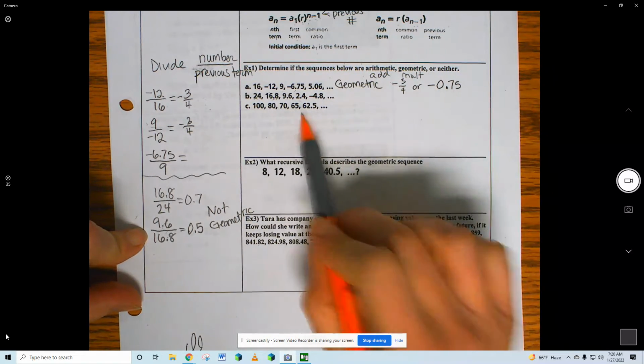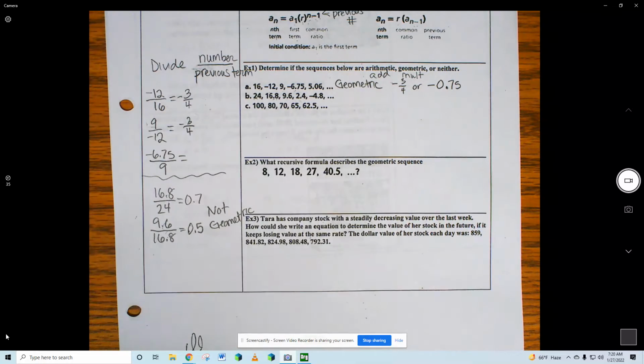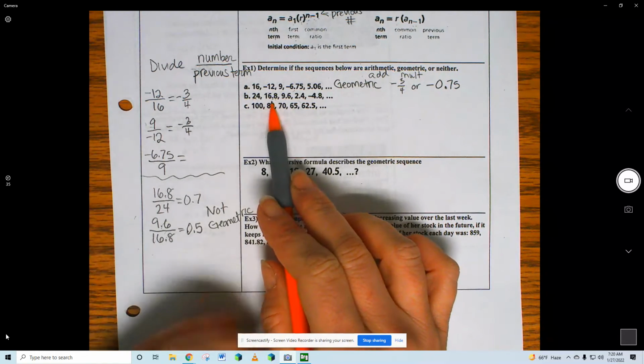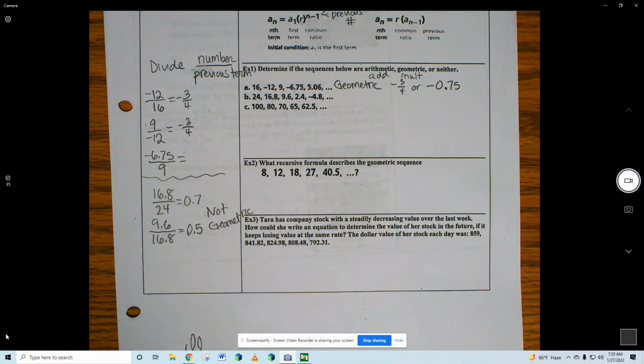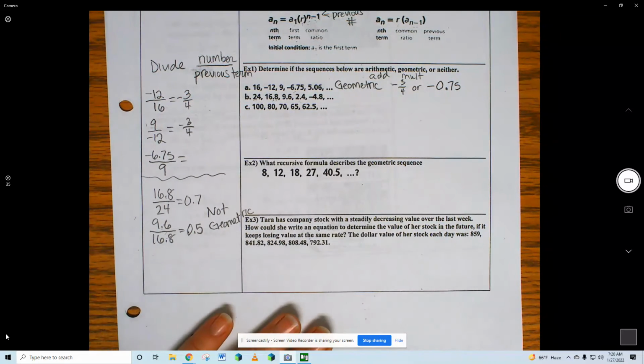Okay, that means that we need to try subtracting. Am I subtracting by the same amount? 24, down to 16.8, down to 9.6. Is it subtracting by the same amount?